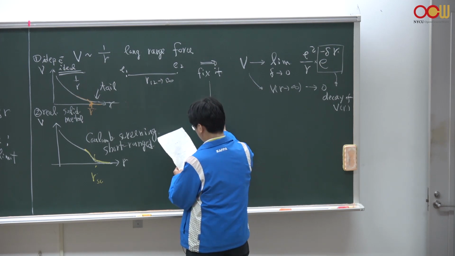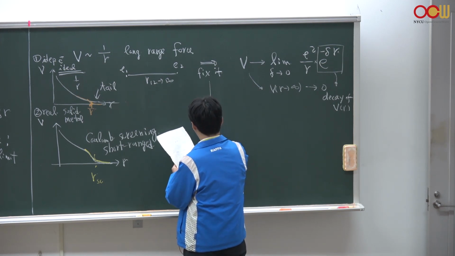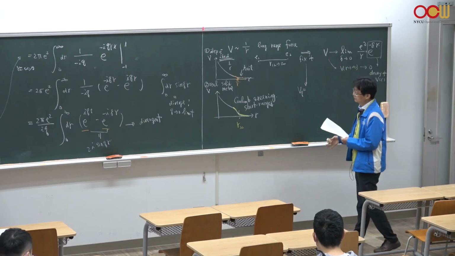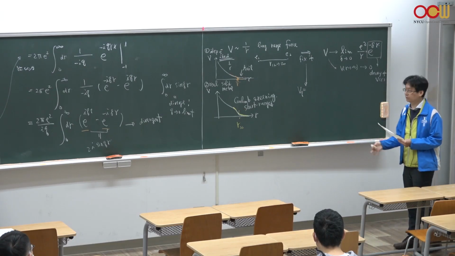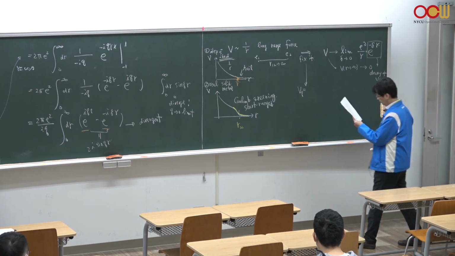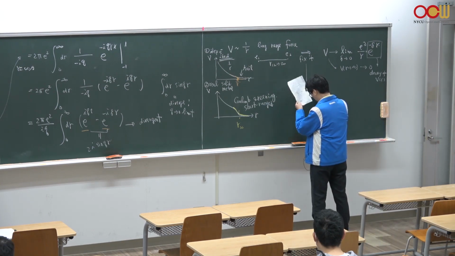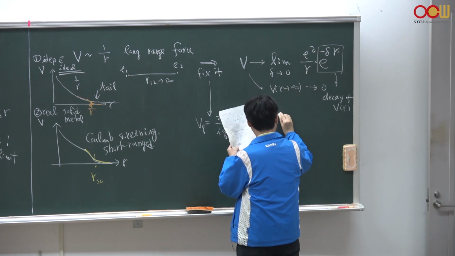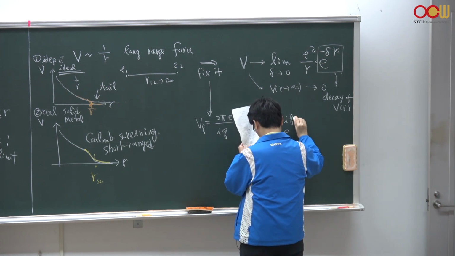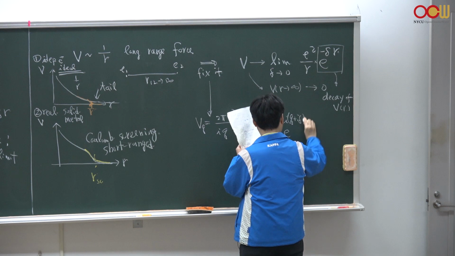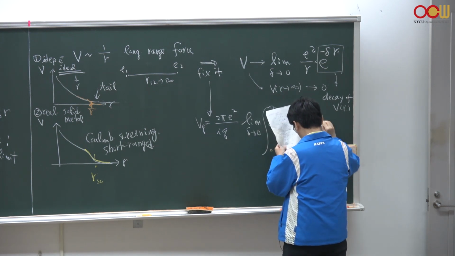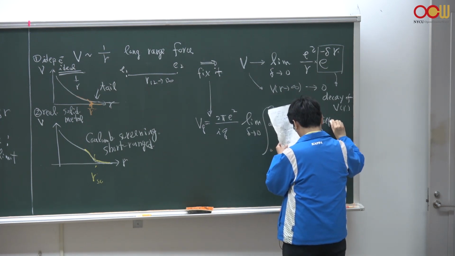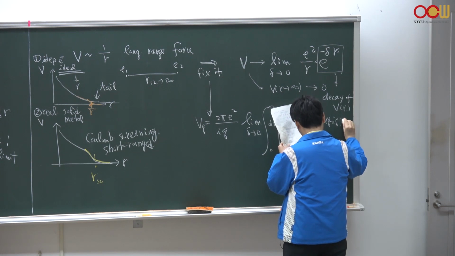Then we use that to recalculate this V of q, and this time we could avoid this divergence problem. So delta goes to 0, the e to the i q plus i delta, minus e to the minus i q minus i delta.